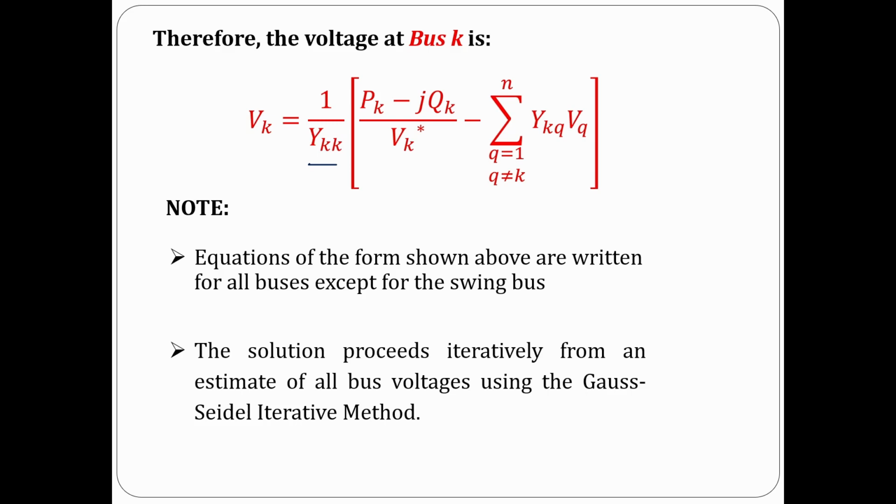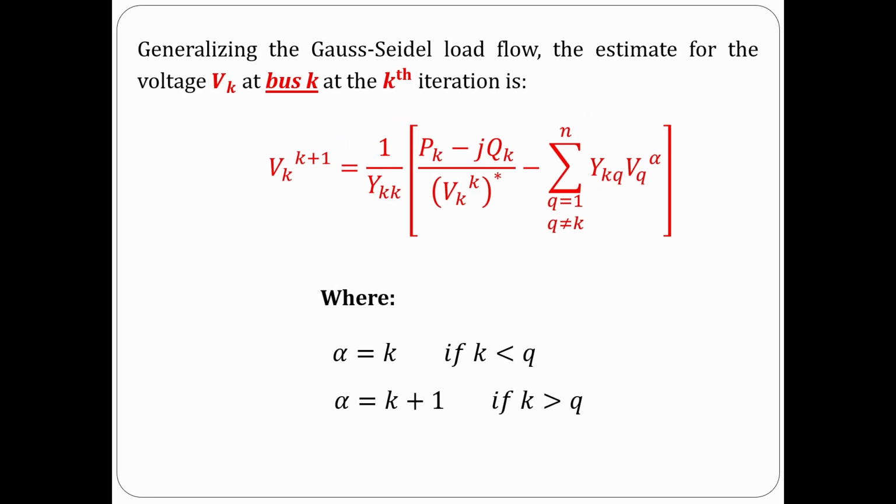In solving Vk in the iterative solution, we will use this formula. Vk at iteration k plus 1 is equal to 1 over Ykk times open parenthesis Pk minus jQk over Vk conjugate minus the summation of Ykq Vq from q equals 1 up to n, where q is not equal to k, where alpha is equal to k if k is less than q, and alpha is equal to k plus 1 if k is greater than q.